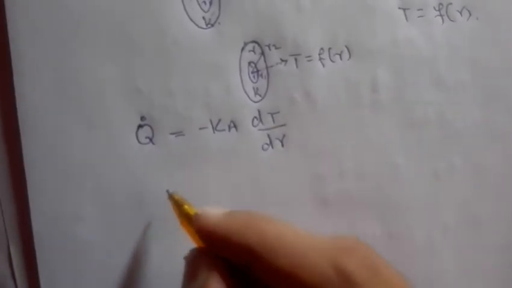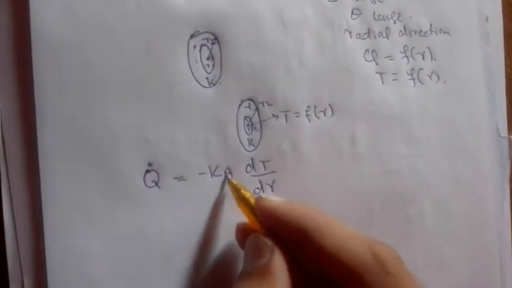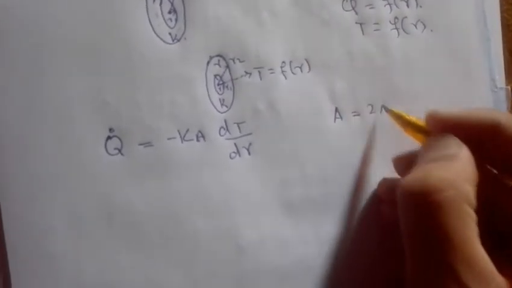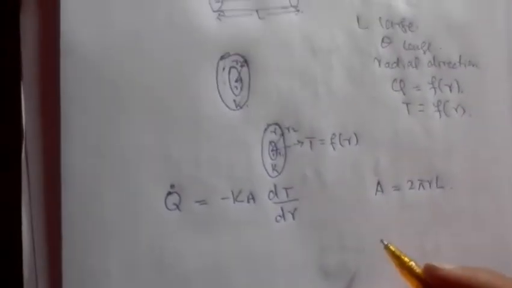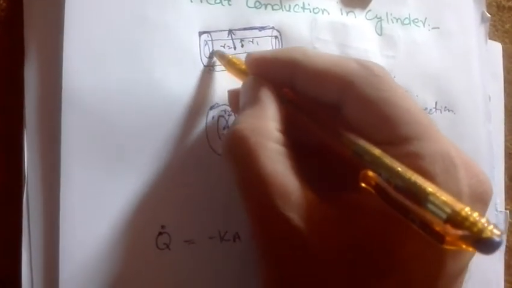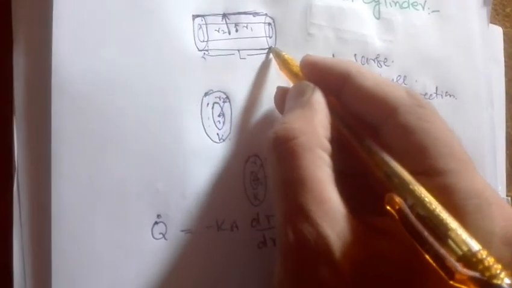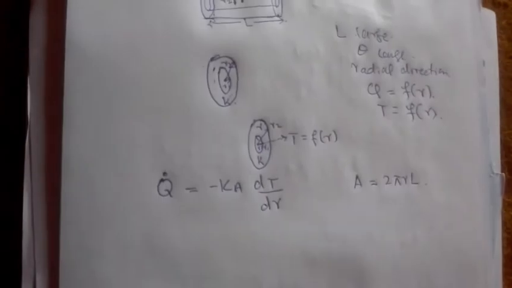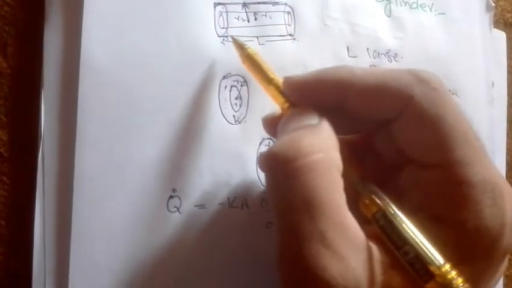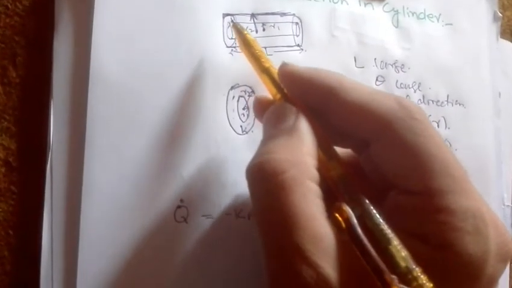The area of the cylinder is 2 pi r L, where 2 pi r times the length is the surface area of the cylinder.